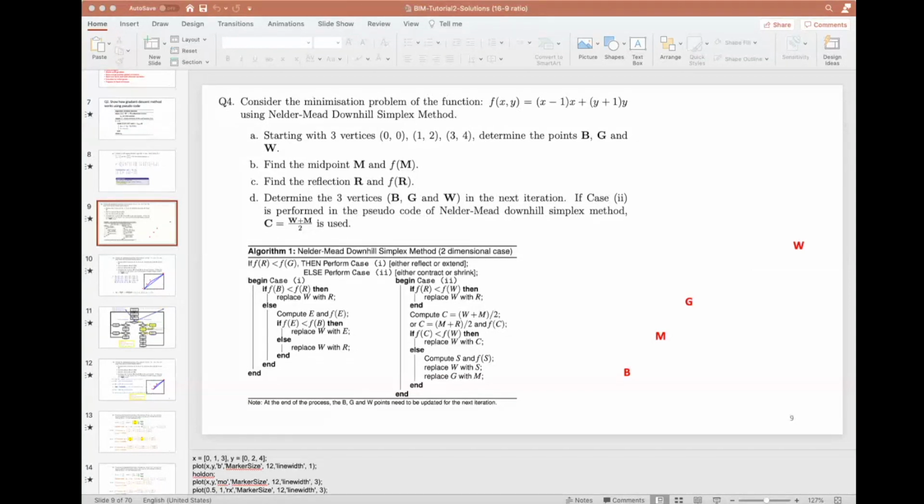why we contract and why we don't reflect eventually? So in question 4 in the tutorial, we are going to use another bunch, and then you will see why we are going to contract or shrink.